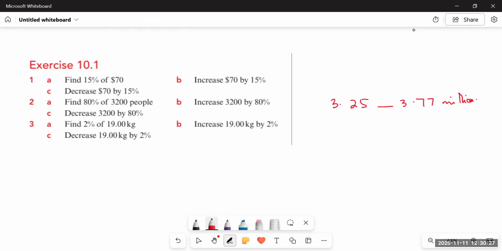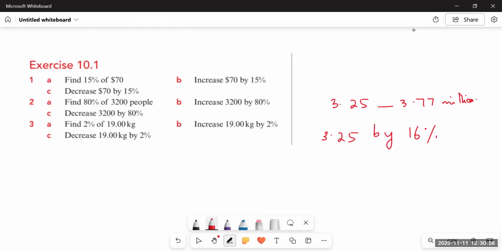But if I say that the population has increased from 3.25 million by 16%, both give us the same information, but the way of expressing is different. So these are the two different ways. The second way is showing the percentage change, an increase of 16%.